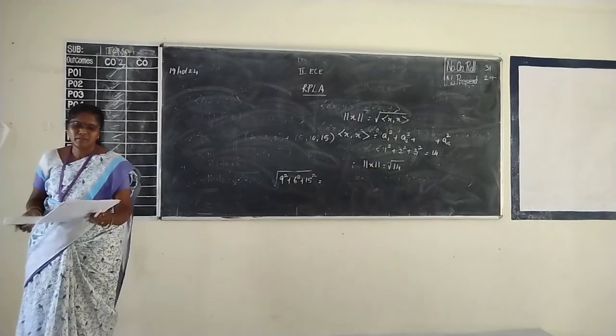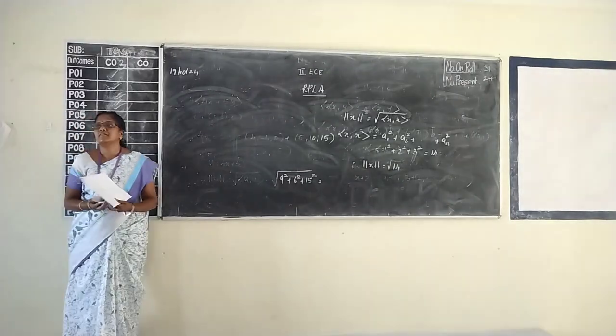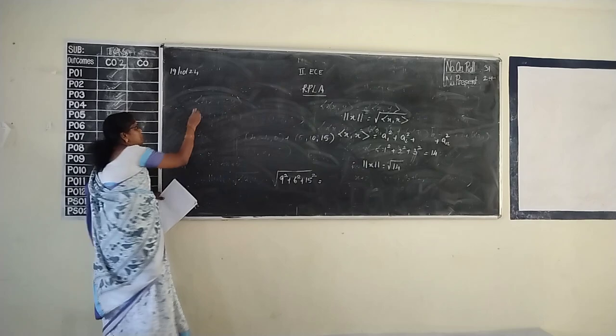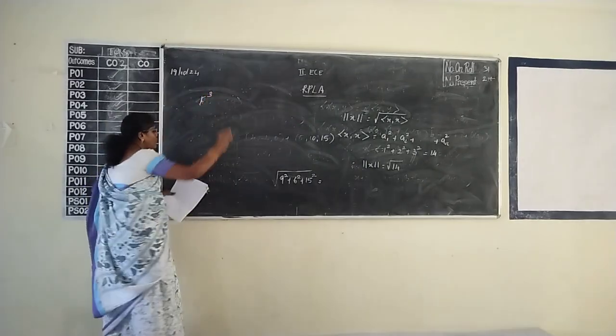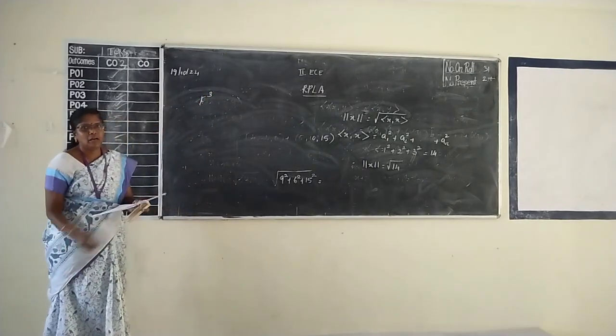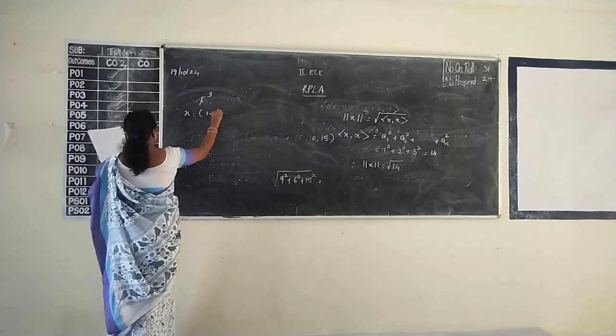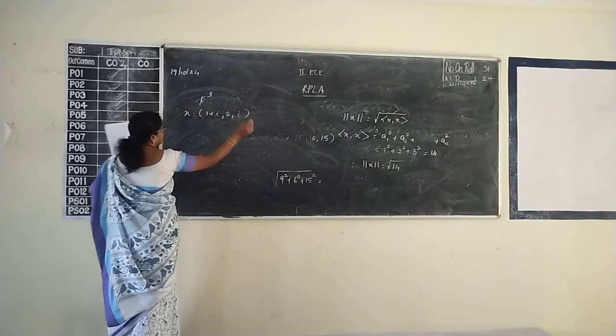So right, next one. Find the norm in F cube. x is equal to 1 plus i, comma, 2, comma, i.